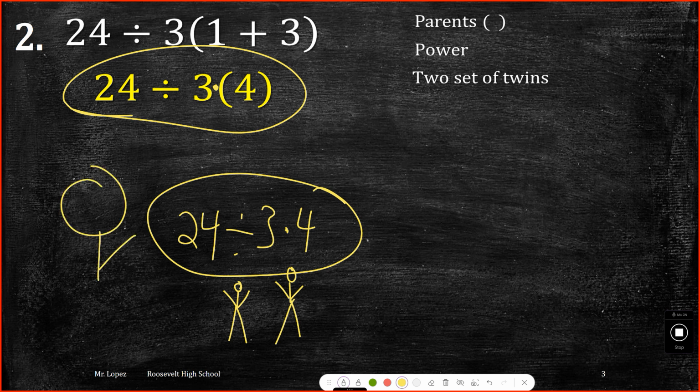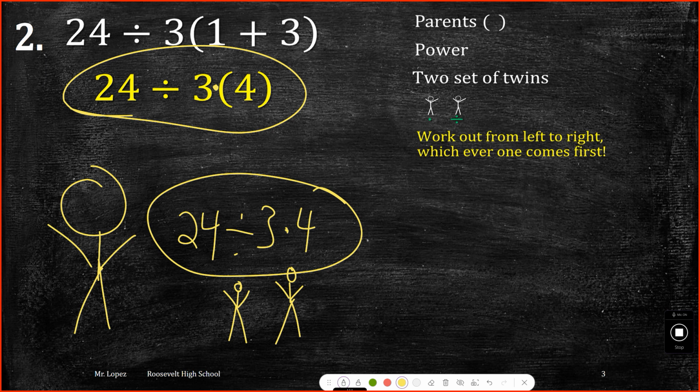There's a parent. Whichever one comes first, from left to right, that's the one you're going to do. That's all you've got to remember. No, you don't tell me, hey, my teacher taught me. No, stop. Just believe what I'm doing, and you will be fine in my class. So I said 2 sets of twins. Work it out from left to right, and you will always be correct.